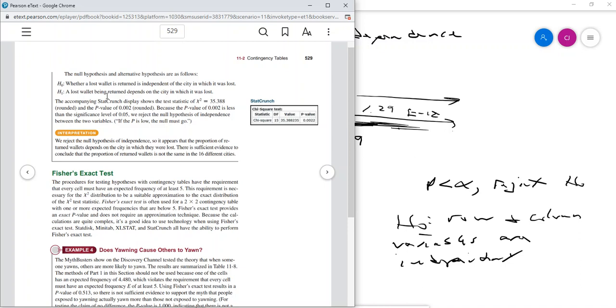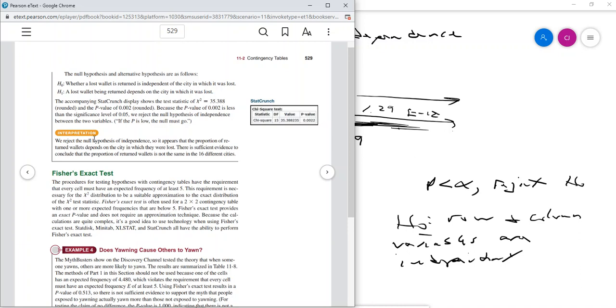Lost wallet being returned depends on the city. Okay. And then they go through, they use StatCrunch, which is a freebie program that you can use with the book. So they just went here real quick and did the chi-square, degrees of freedom, 15. So they must have had 16 cities involved, right? Here's your chi-square, your test statistic, and your p-value.